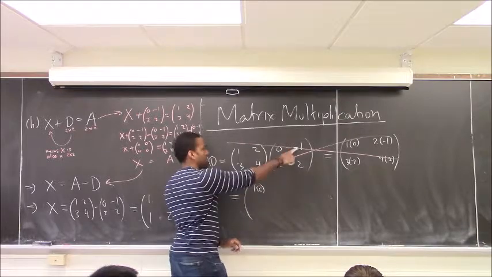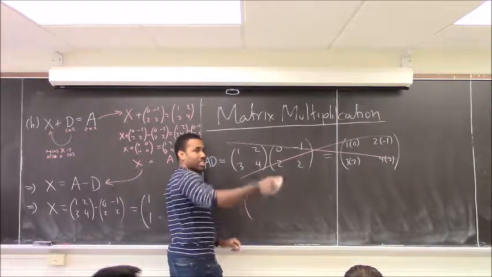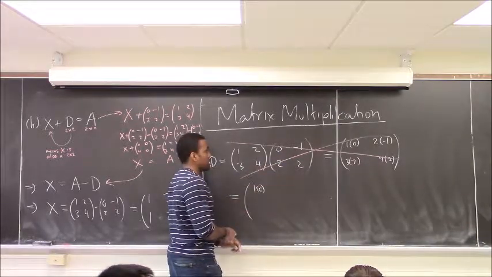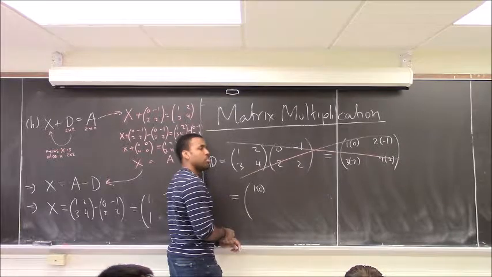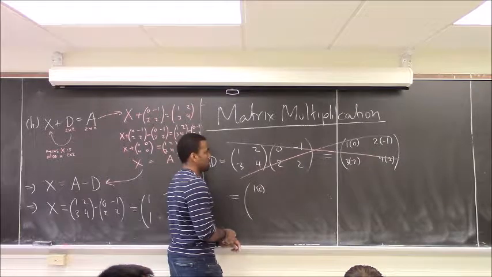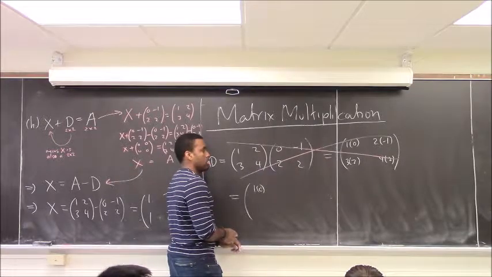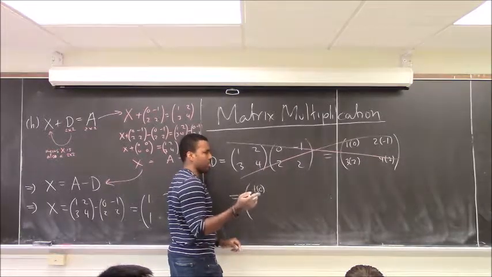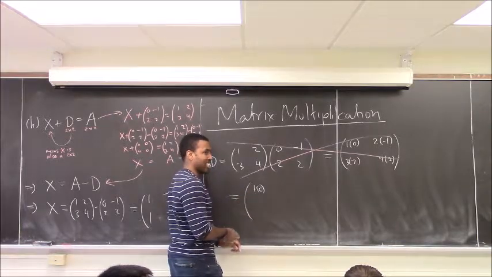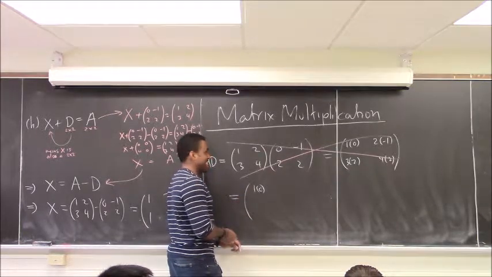No. If you multiply diagonally the same matrix? 1 times 4, 2 times 3, 0 times 2, -1 times 2? No, that's determinant. You're thinking determinant. That's something else. Is it 1 times 0, 2 times 2, 3 times -1, 4 times 2?